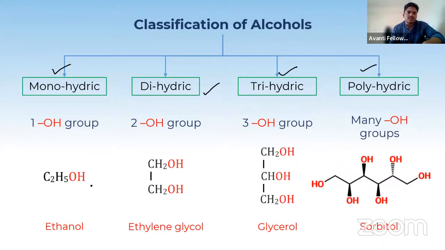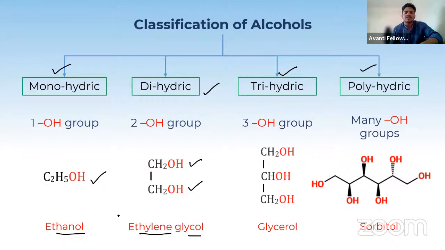You can see here C2H5OH, ethanol, which we can also call ethyl alcohol. Ethanol is the IUPAC name and ethyl alcohol is the common name. Whereas if two OH groups are attached on adjacent carbons, we call them vicinal diols. These are also called ethylene glycol.